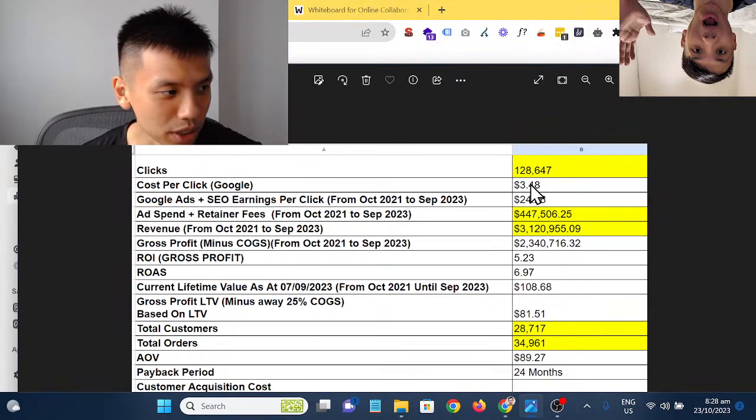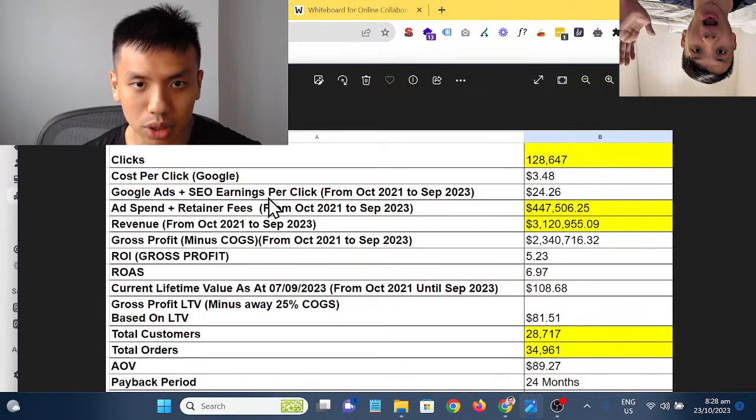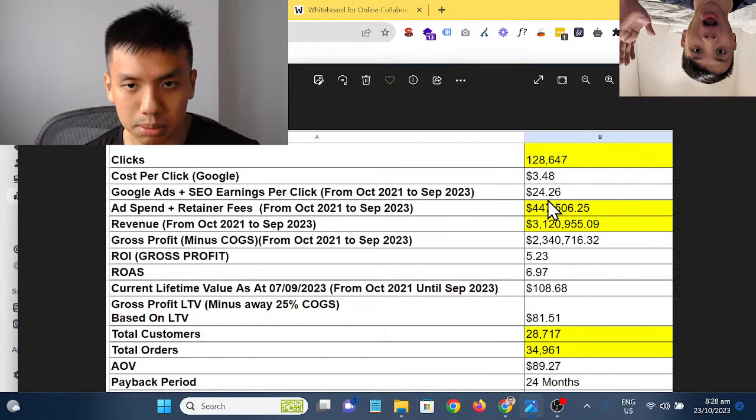So this is the total number of clicks that we've gotten to achieve the results, and then this is the cost per click that we paid on Google Ads plus SEO combined, because basically what we did for this client is a mixture of Google Ads plus SEO, and you could see we track certain metrics here like EPC, earnings per click, and the earnings per click is about $24.